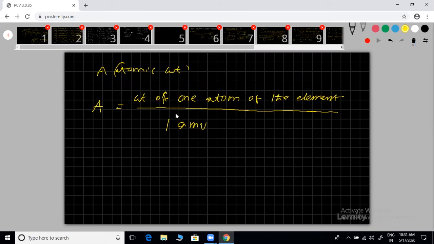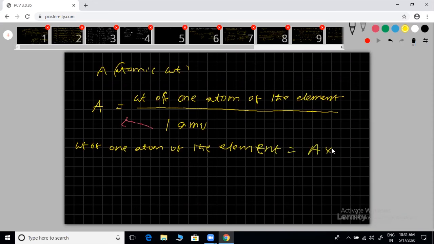Now we can cross multiply here. So you can write weight of one atom of the element equal to A into AMU.